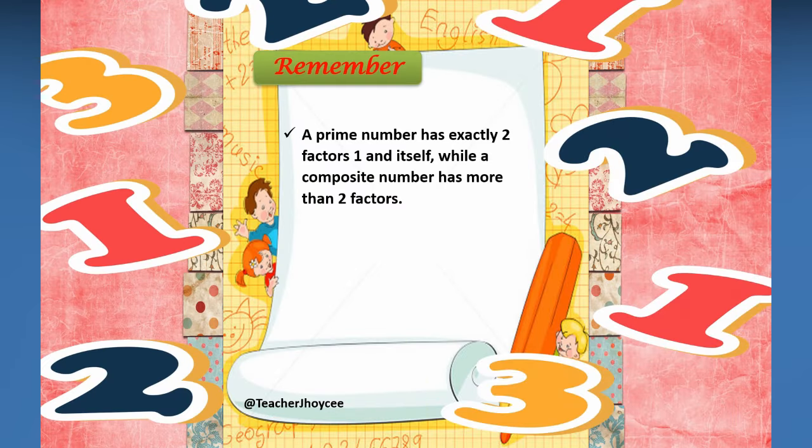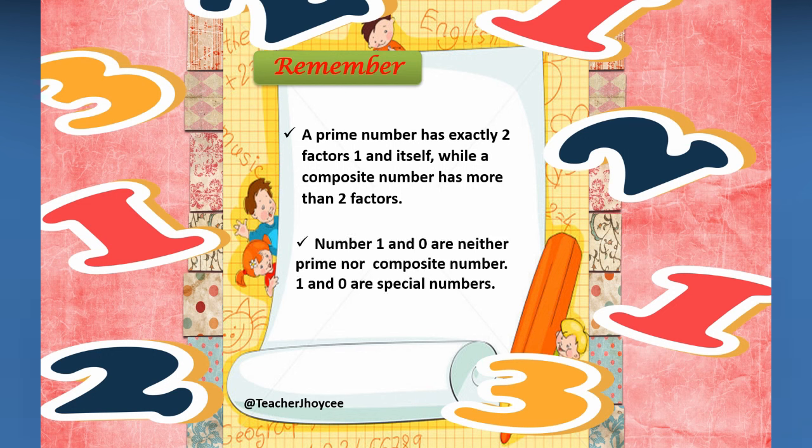Remember that a prime number has exactly 2 factors, 1 and itself, while a composite number has more than 2 factors. Numbers 1 and 0 are neither prime nor composite numbers. 1 and 0 are special numbers.